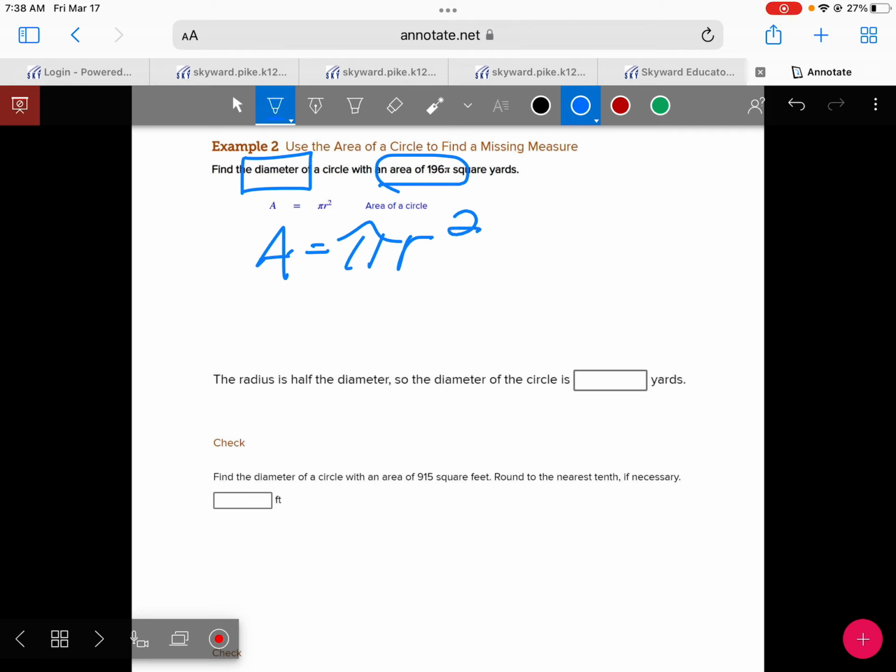Okay. They tell me the area. So put this number of 196 pi in place of A for area. Did everybody hear me? So many people are trying to put it to the right. You have to put it in place of A for area. Equals, the rest of it, leave as is. We don't know what that is.